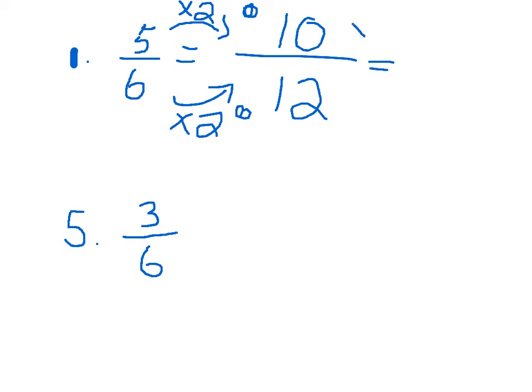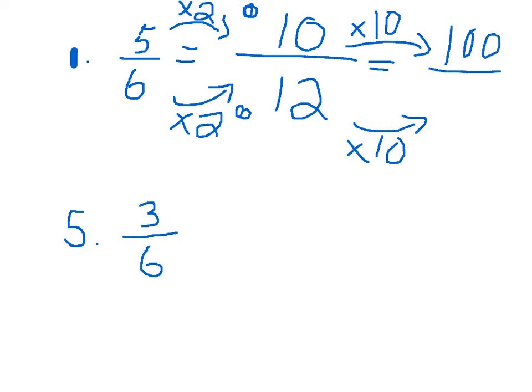It's easy to multiply by 10. Whenever you do, all you have to do is just add a 0 at the end. So 10 times 10, that is 100, and 12 times 10, that's 120. All three of these fractions, 100/120, 10/12, 5/6, all of these fractions are the same.